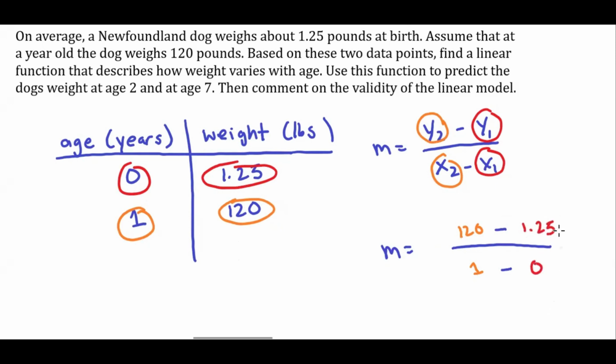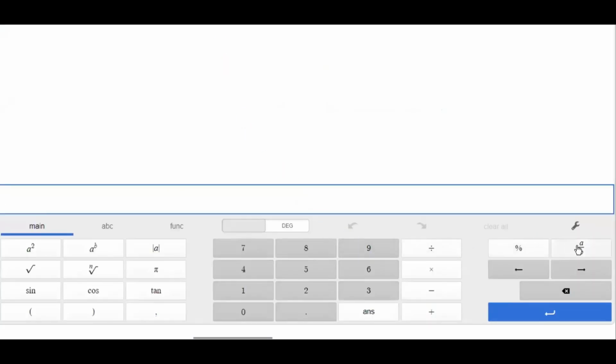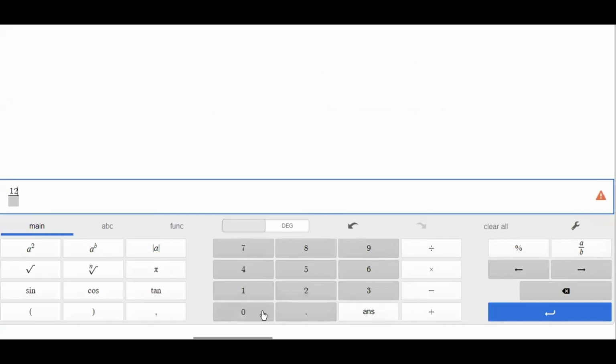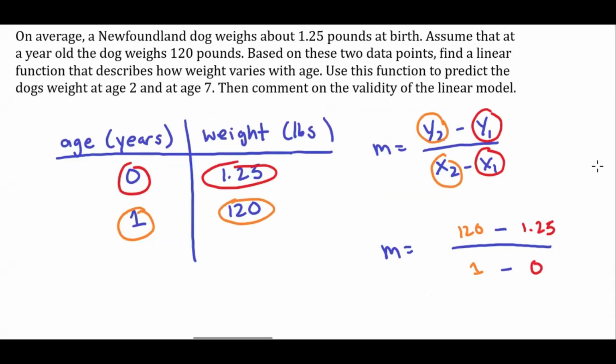So let's go ahead and calculate this to find the slope. Okay, so I've got my fraction, y2 minus y1 over x2 minus x1, and here's our slope, 118.75. Let me write that down.